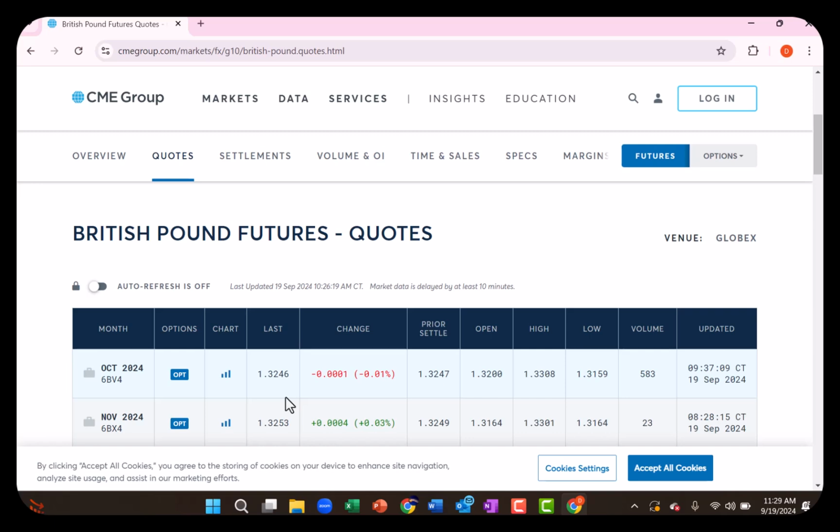Am I happy or unhappy? Remember, long benefits from the increase. So I'm happy. If it went down to 131, I'm unhappy. But if I was short, going to 131 makes me happy, right? Whether you're long or short, these positions are settled daily. Okay. For example, here it says prior settled.